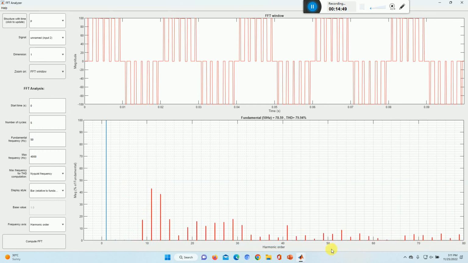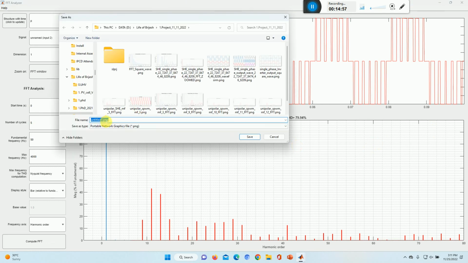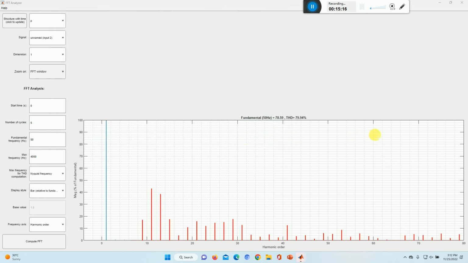These are the harmonics, and then we can save this in a drive somewhere and name it like unipolar SPWM with a modulating frequency equal to 6 FFT. That is how we save it, and we can just save these pictures over there.